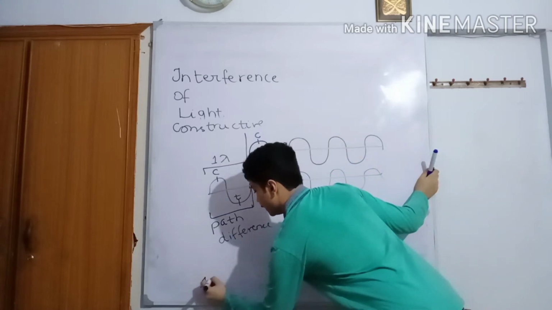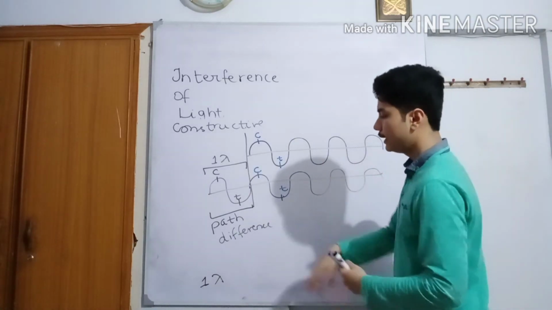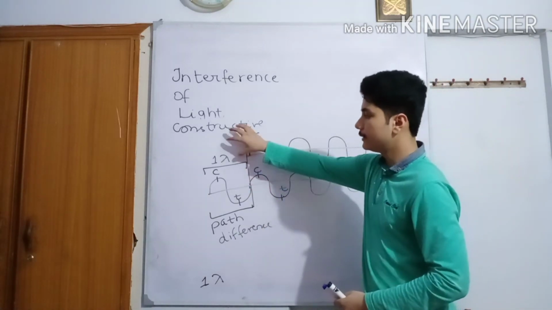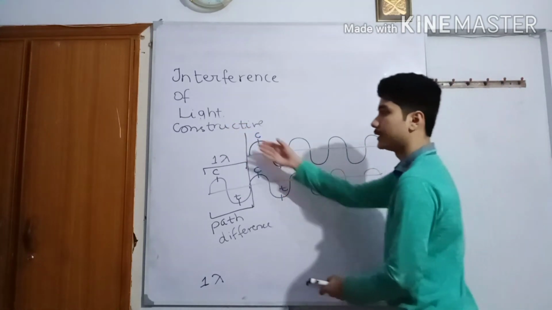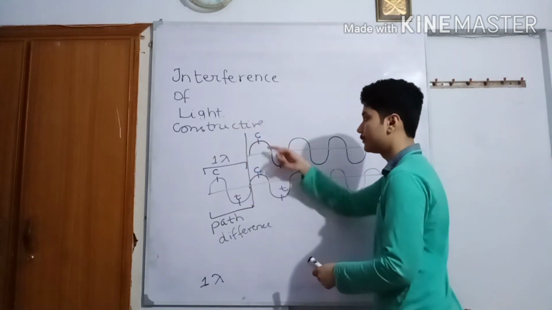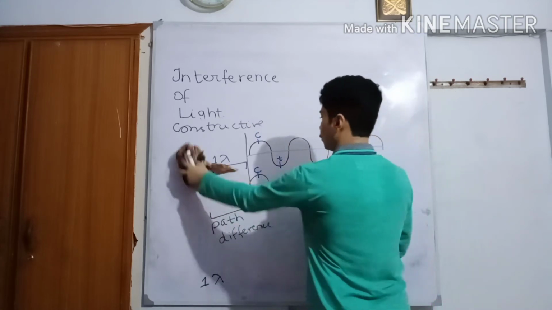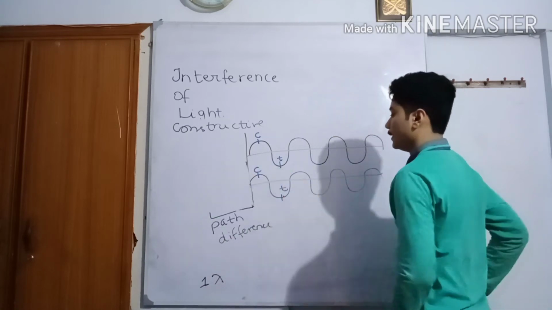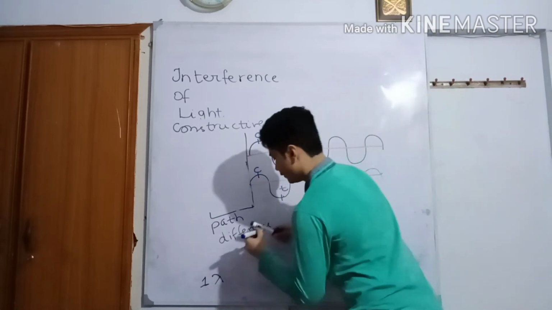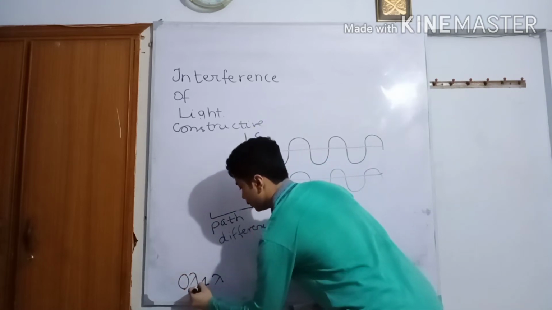I'm going to write down each and everything I tell you about. So as you can see, when the path difference is 1 lambda, which type of interference is it? It is constructive. Why? Because crest and crest are moving with each other. For example, there is no path difference. For example, the light starts from here. So you can say the path difference is 0, or you can say the path difference is 0 lambda.